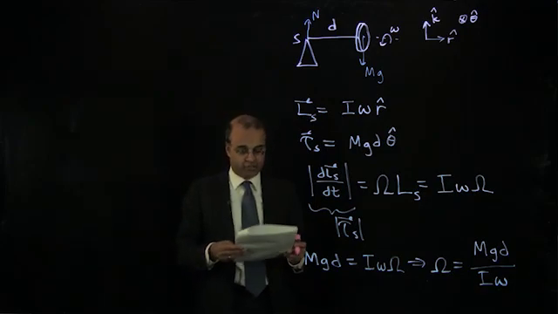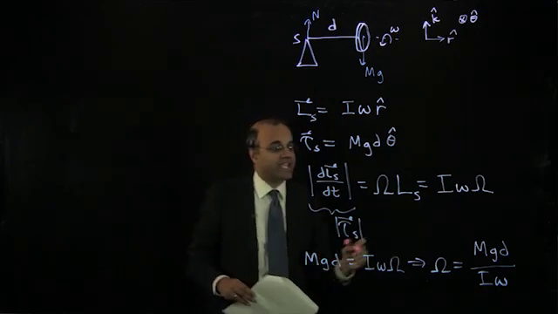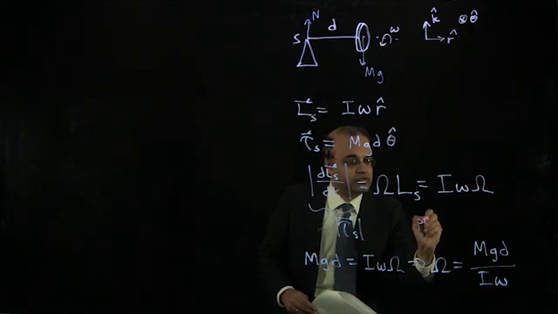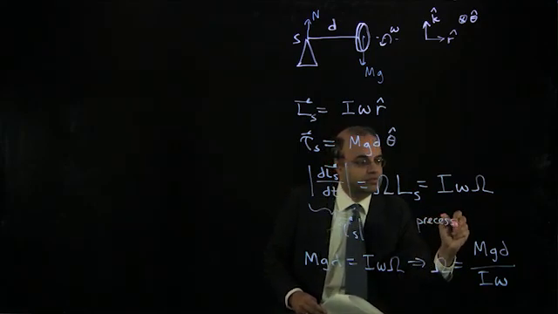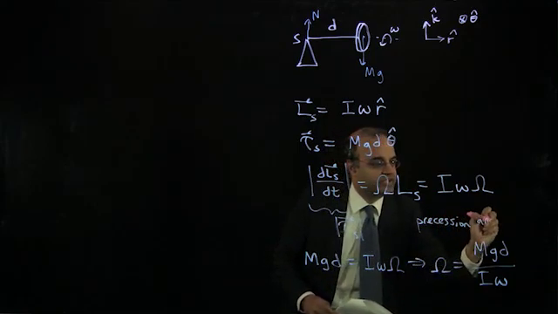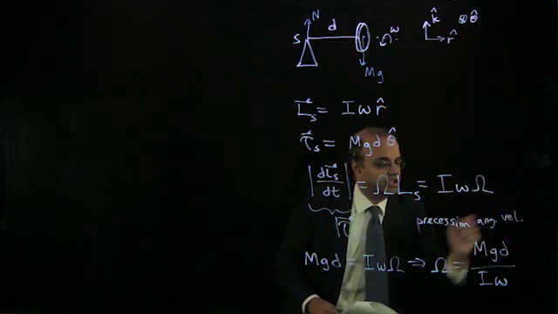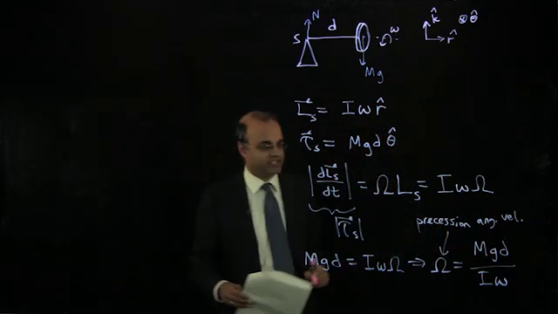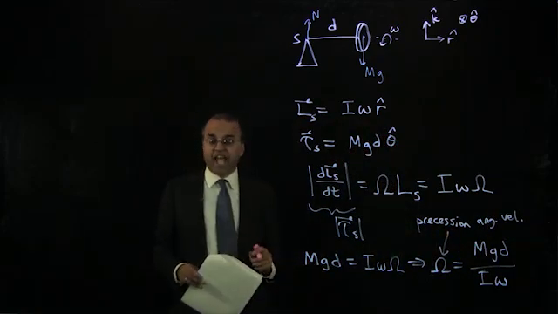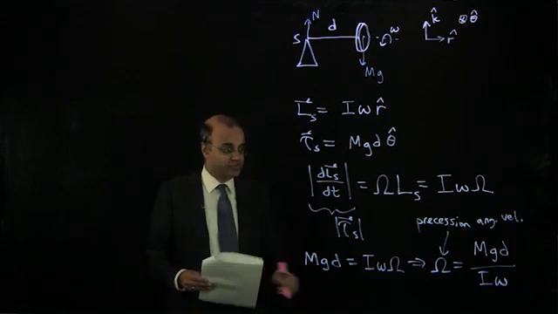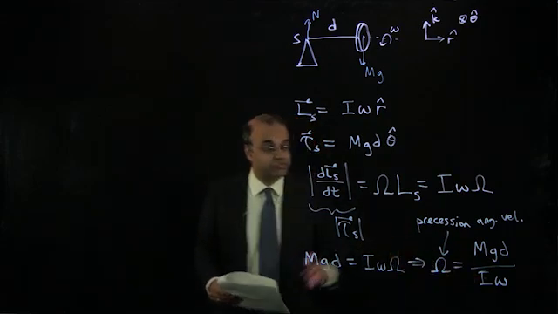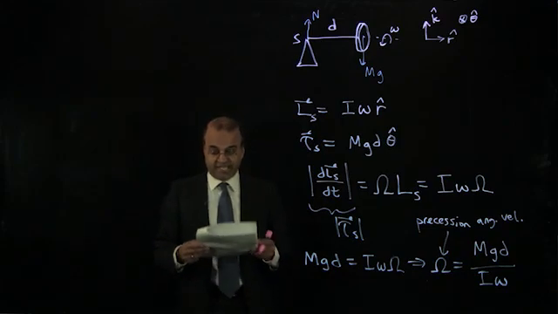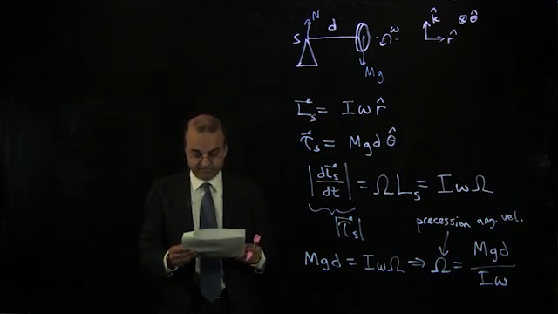We call capital omega the precessional angular velocity. And notice that the bigger little omega is, the slower the precession angular velocity is.